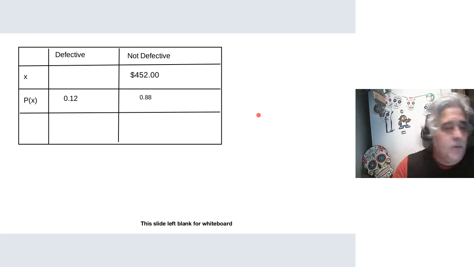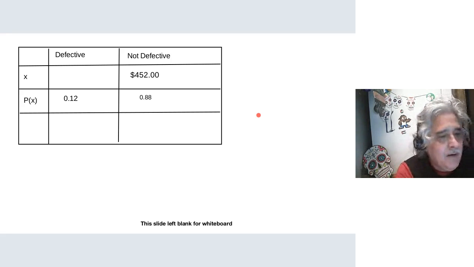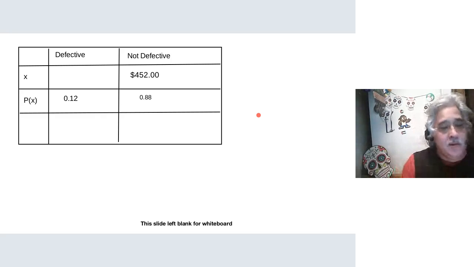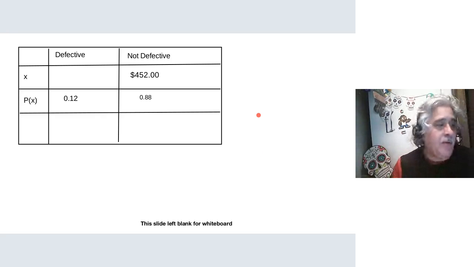But what happens if they have a defective one? How much are they losing there? They're not just losing that profit. They're losing everything that the customer paid because they got to give them their money back.